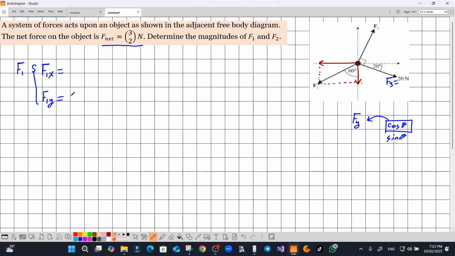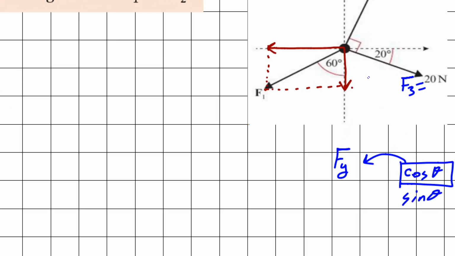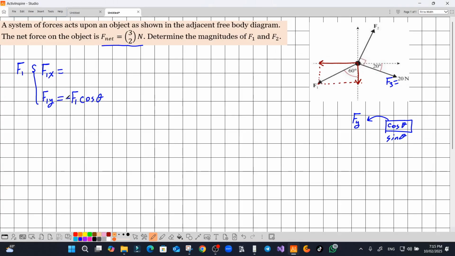So let me write here that F1y is given by F1 cosine the angle. However, we should also add a sign to represent the direction. Since the direction is downward, the sign must be negative. So let me add a negative sign here.